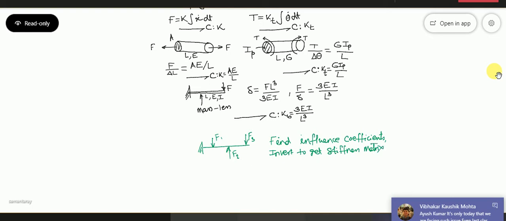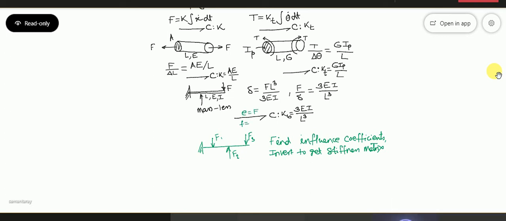In that case, here you know effort is force and flow is the deflection rate, delta dot. In that case, you will have a multi-port C. If you have three, you will have three ports.